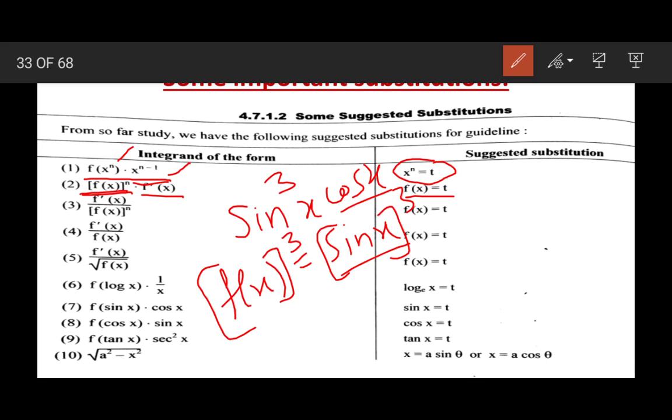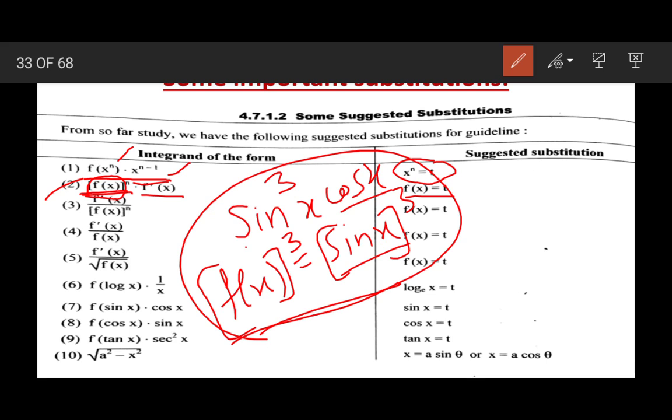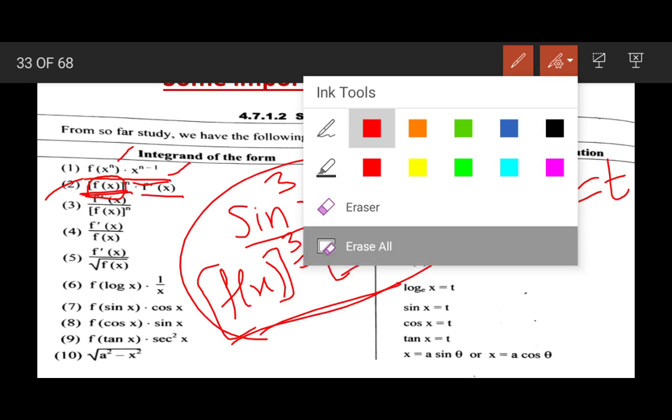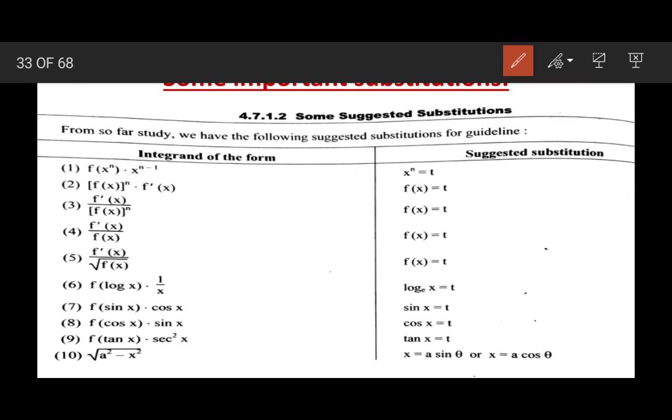So if function raised to n into the derivative of the function is given, in that case we will substitute this function, meaning f of x, as t. So in this example we are going to substitute sine x as t. Okay, so the second integrand is clear.